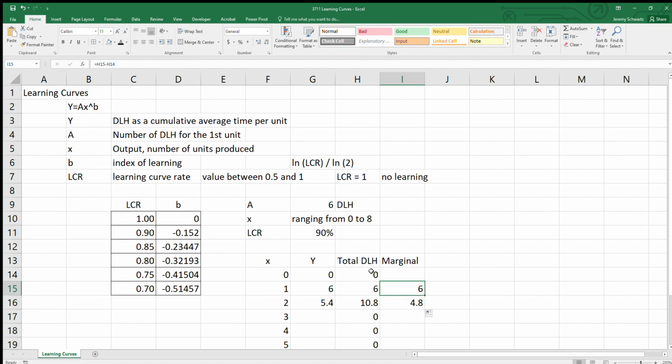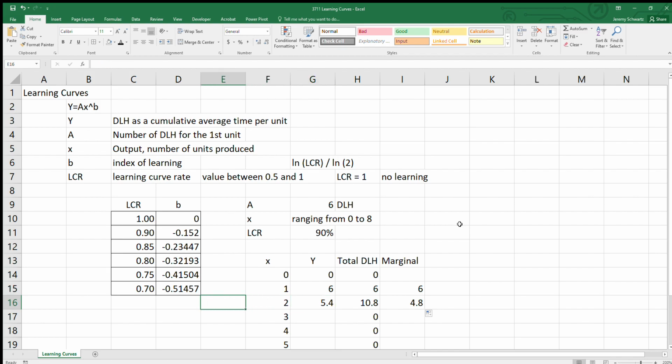And so going from 0 to 1, it took 6 hours. Going from 1 to 2, it took 4.8 hours. Now notice this learning curve rate of 90% maps out to 6 falling to 5.4. In other words, as we doubled production from 1 to 2, the cumulative average was 90% of the time of the first.